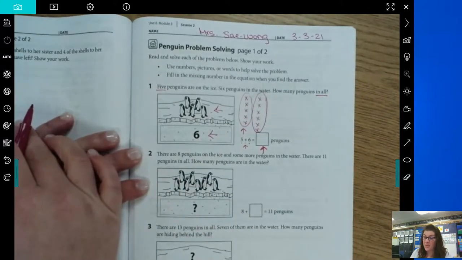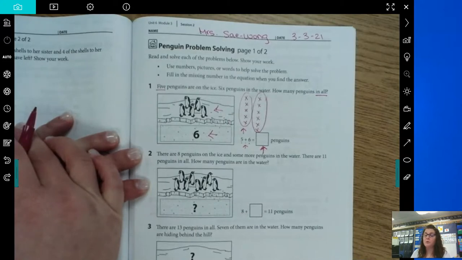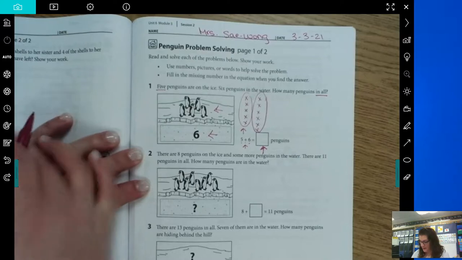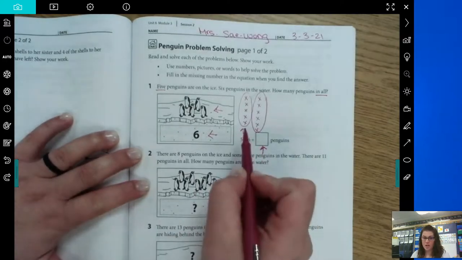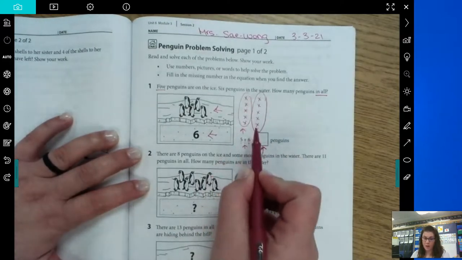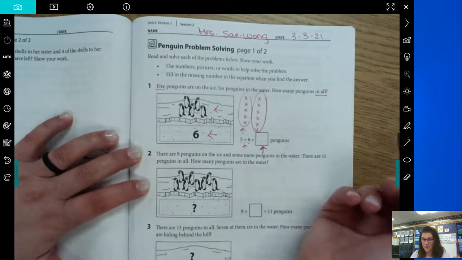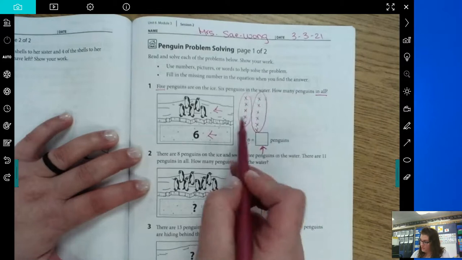Because I'm going to tell you, we're going to start getting into bigger and bigger numbers. And if you have to count every single number out, your brain is going to be very tired. So let's make sure we are practicing counting on, starting from the first number and adding on what we are adding in our equation.